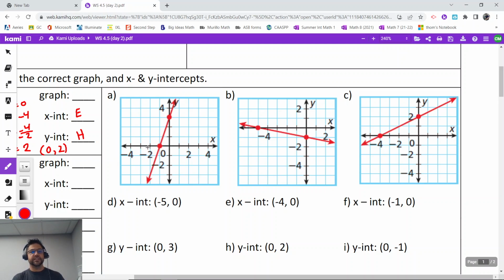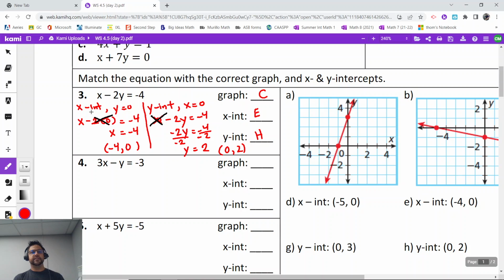According to our information, the y-intercept is 0, 2. This one is 0, not 2. This one is 0, 2. So that is graph C. So again, doing a little bit of work and then matching up your information, but it's all set up in the structure here, separating x-intercept and y-intercept.